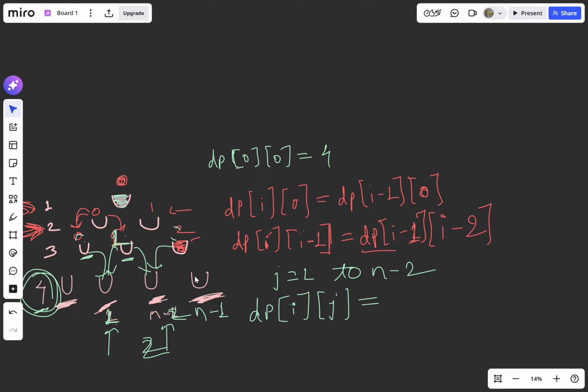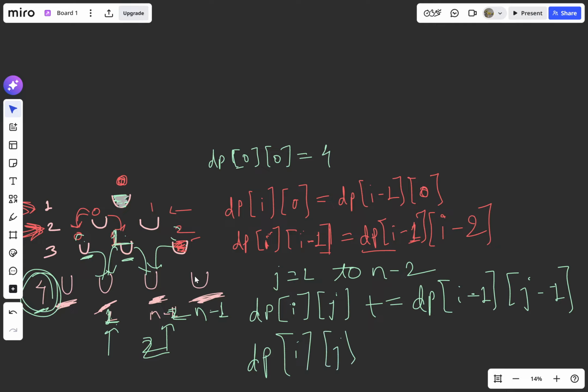So dp of i and j plus equal to dp of i minus 1 and j minus 1, and also, because there are two sources, dp of i and j plus equal to dp of i minus 1 and j. The j minus 1 and j, these are the two sources.